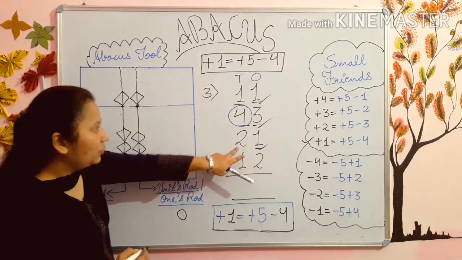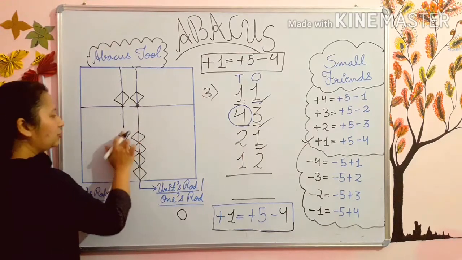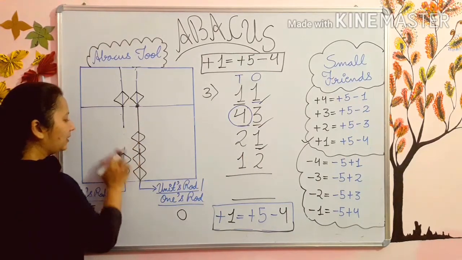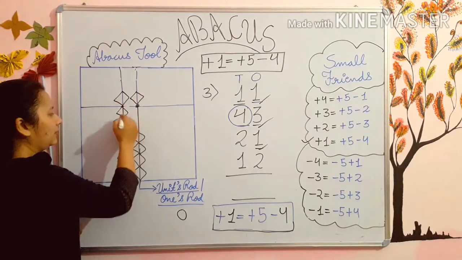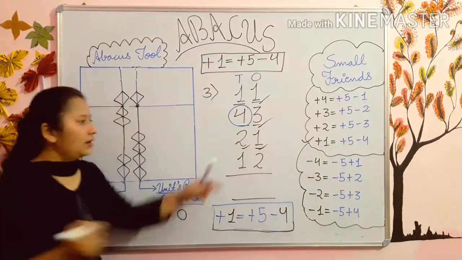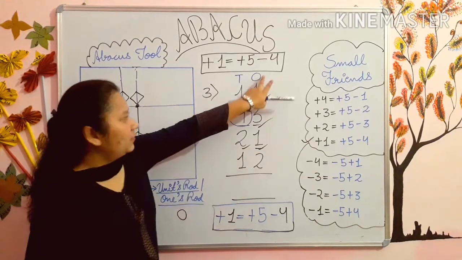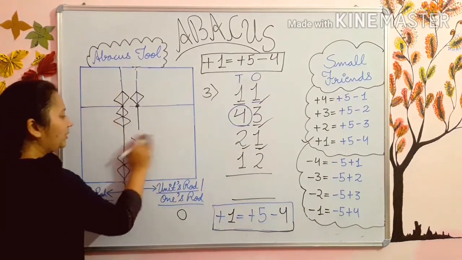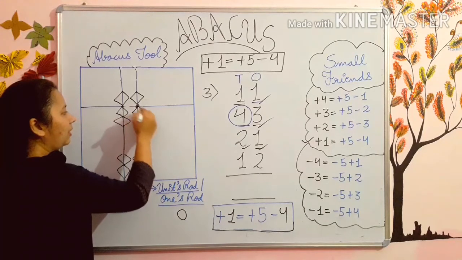Now you have to add 2 in tens rod. 2 means put the 2 beads up. Now this is done. Now you have to add 2 in ones rod. 2 means put the 2 beads up.